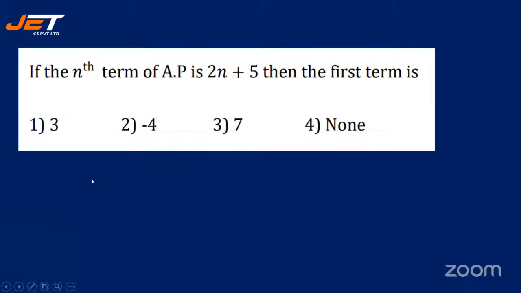If the nth term of an AP is 2n plus 5, then the first term is dash. Okay. If the nth term of an AP is 2n plus 5, what is the first term?